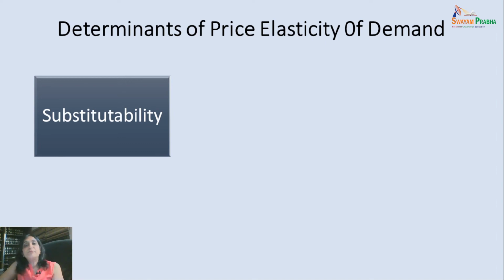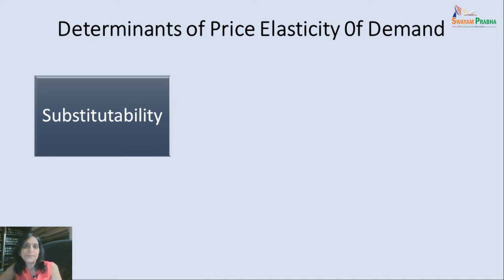That is, for the product in question for whose price elasticity we are discussing, how many close substitutes are available for it. For example, take the case of your websites. If there are many other people like you who are making websites, it means there are many close substitutes or many competitors in the market doing a similar job.